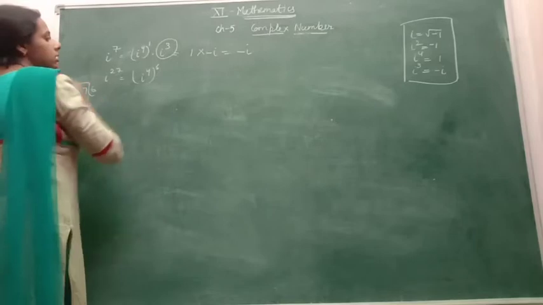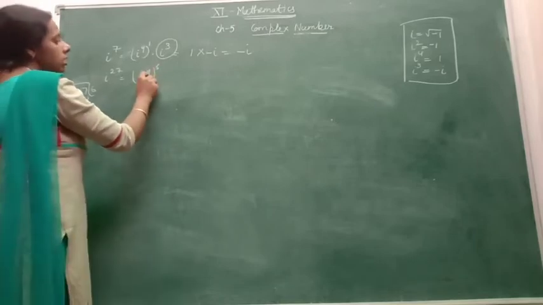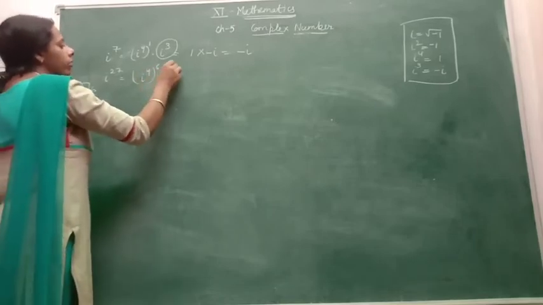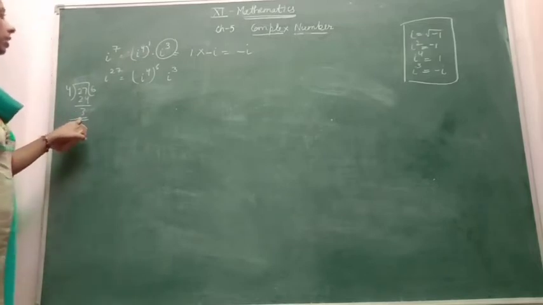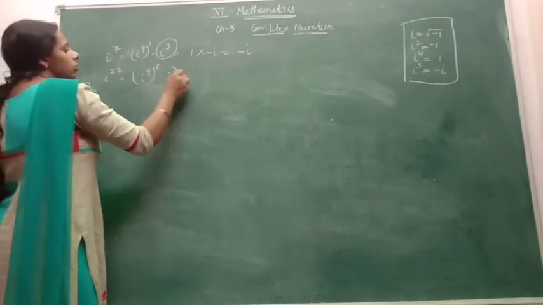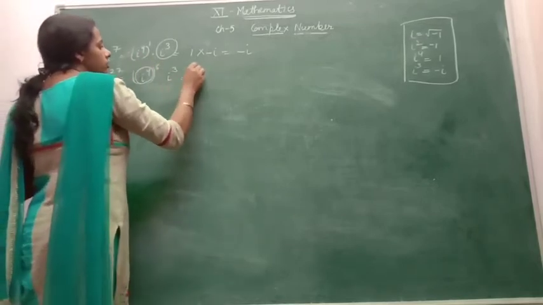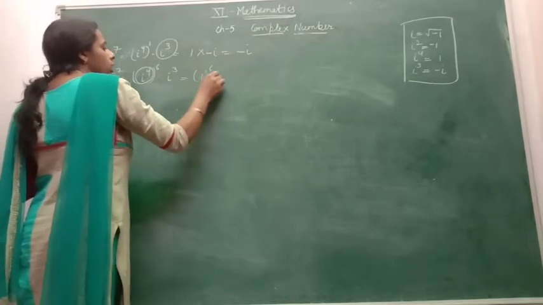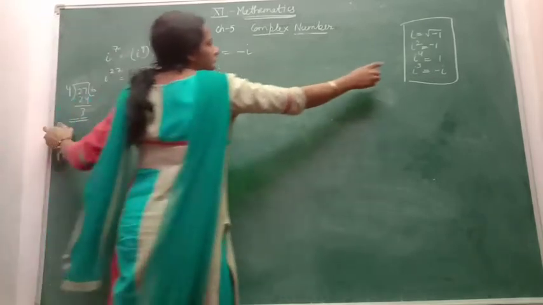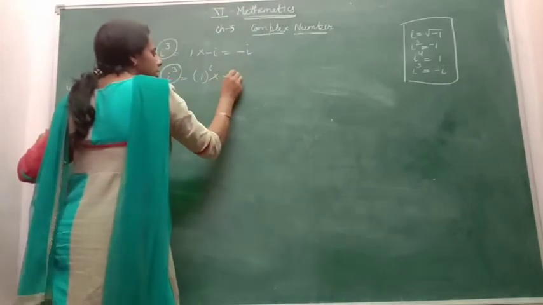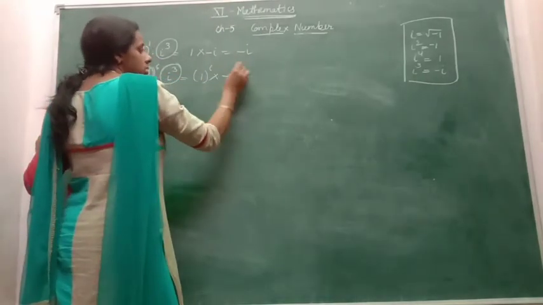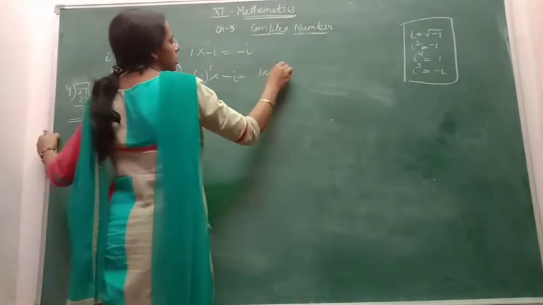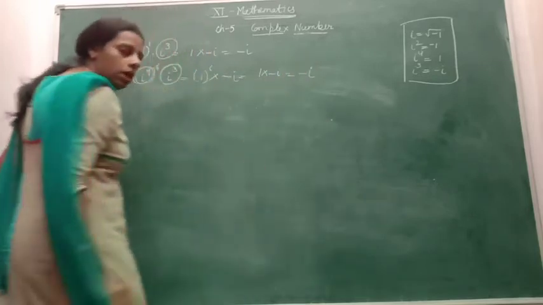You will write here 6, and 3 power will be left. Writing in this form, put the value of iota power 4, that is 1 power 6, into the value of iota cube, which is minus iota. So 1 power 6 is 1, into minus iota. So your answer will be minus iota.